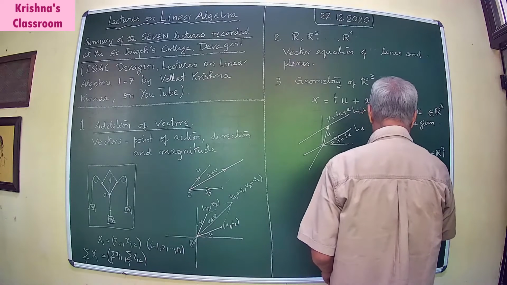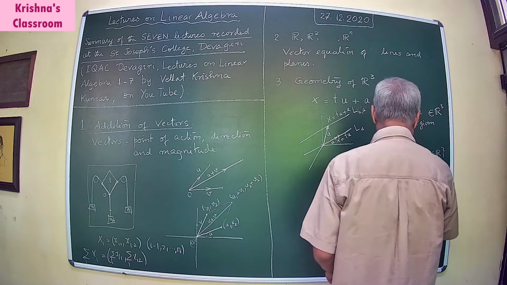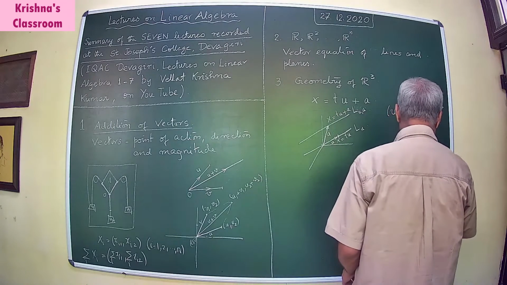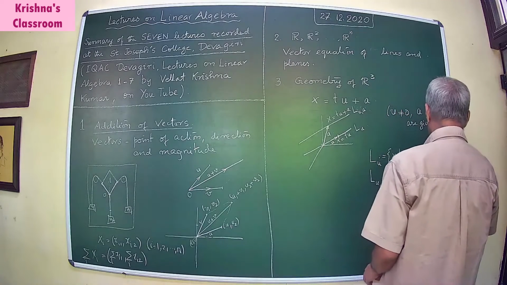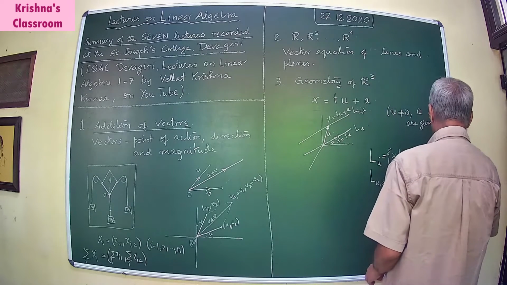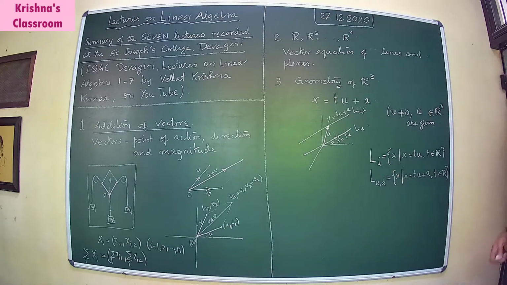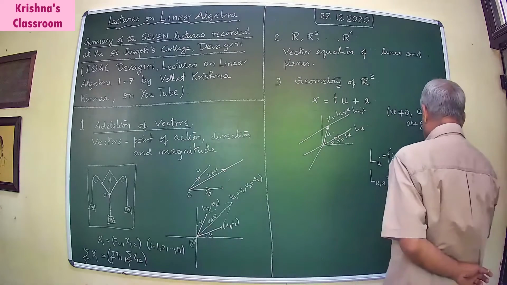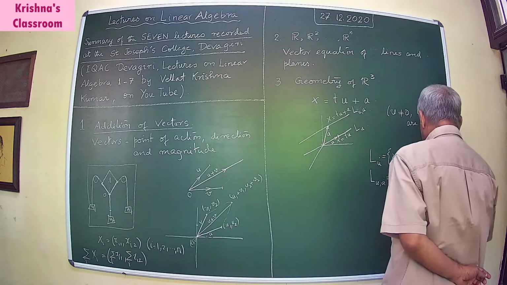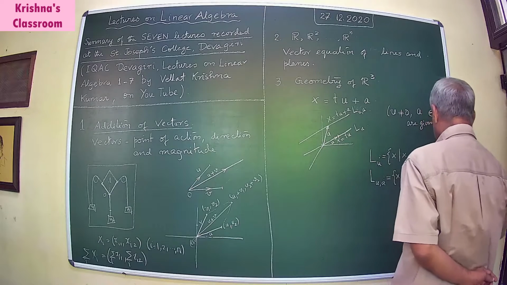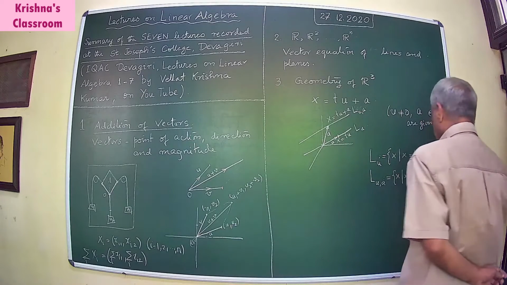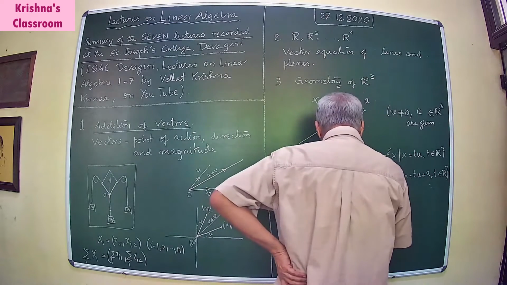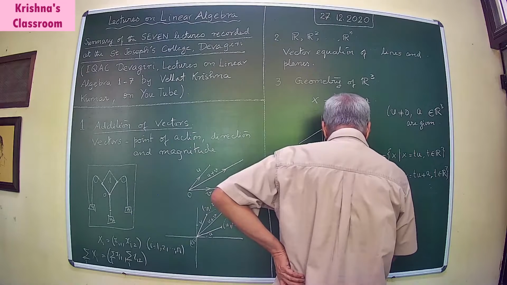This is the notation L_UA. When a equals 0, you get L_UA equal to L_U. That's a special case.